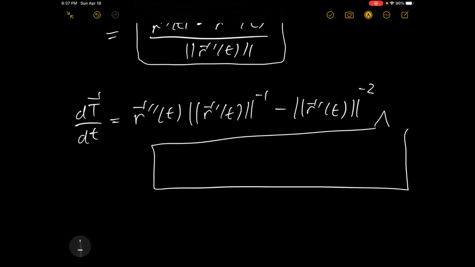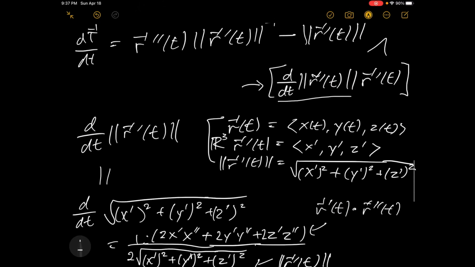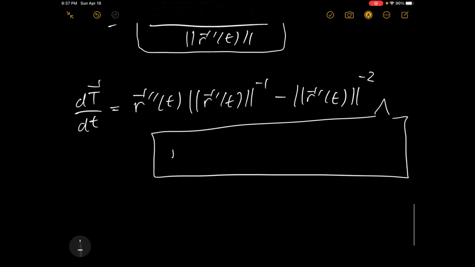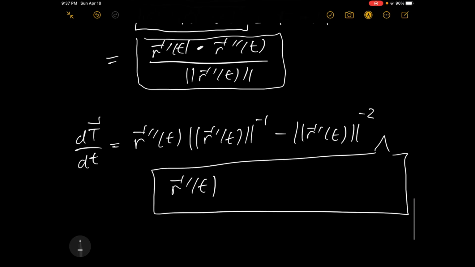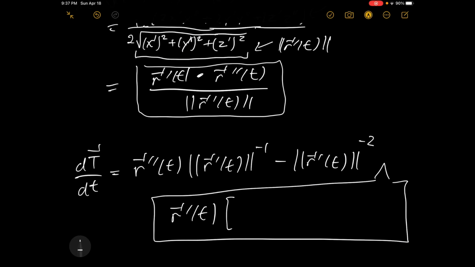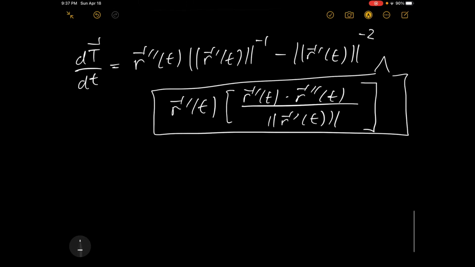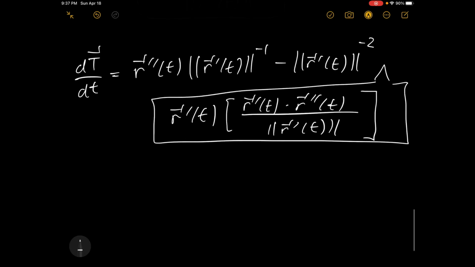Then we include this, and we have to multiply by r prime of t. So let me first put r prime of t and times that. Of course, this looks a little bit messy, so let's simplify it a little bit.